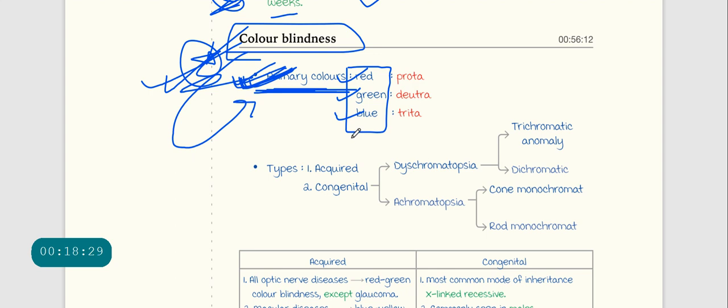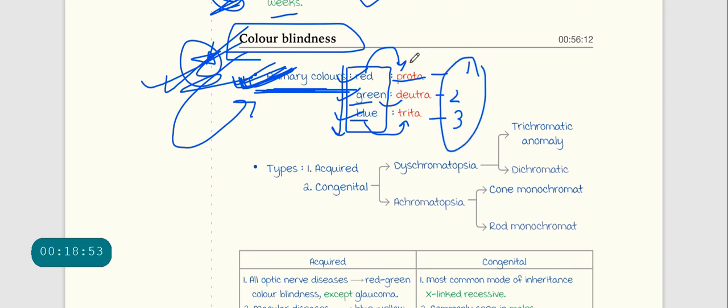Red is called prota, green is called deutera, and blue is called tritra. You can remember it as primary, secondary and tertiary in this series. Prota, deutera and tritra: red, green and blue.